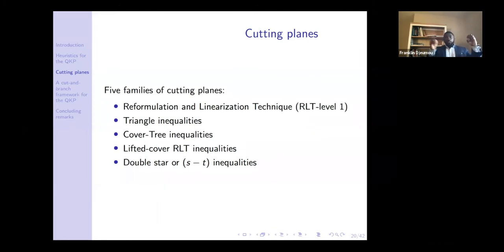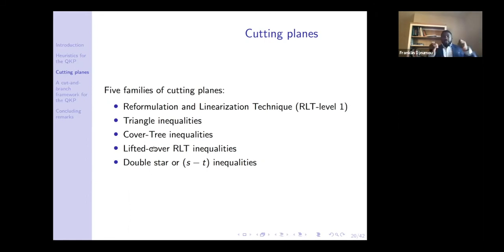That allows you to bring the knapsack nature of your problem into the tree inequalities. So that will definitely give something more interesting than just applying the tree inequality blindly.